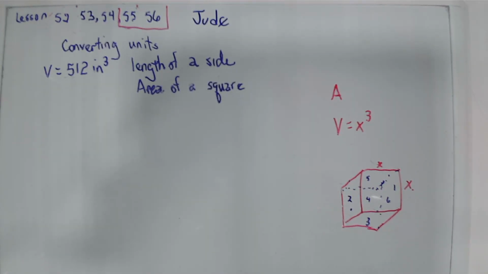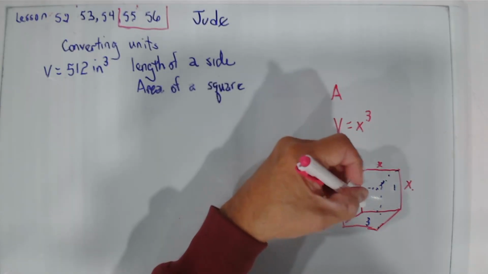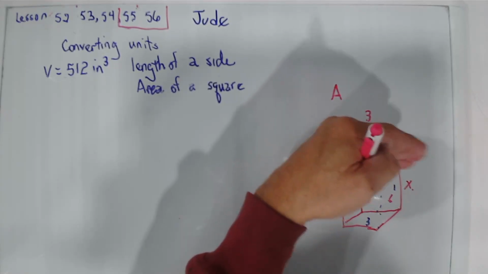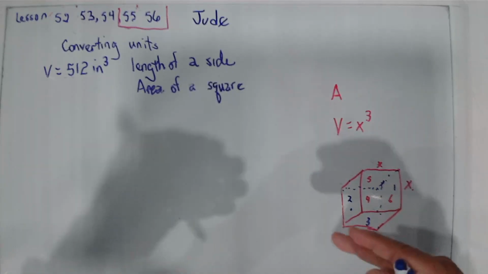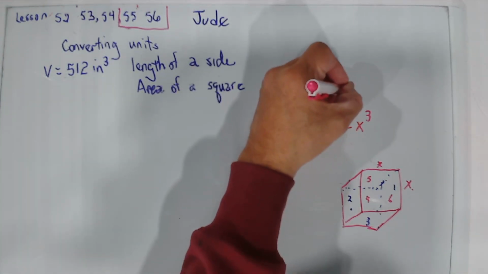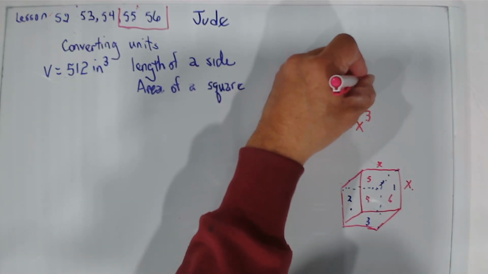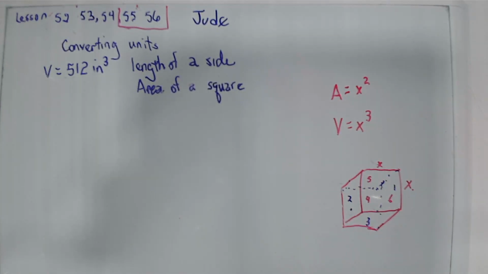Those would all be hidden. And I'll write the hidden ones in this pink. 4, 5, and 6. So that's the one behind us here. That's the one behind us here. And the 4 is all the way back. So there's actually 6 squares that we have, and we want to find the area of one of those. And we know the area of a square is going to be, you take a side and you square it.